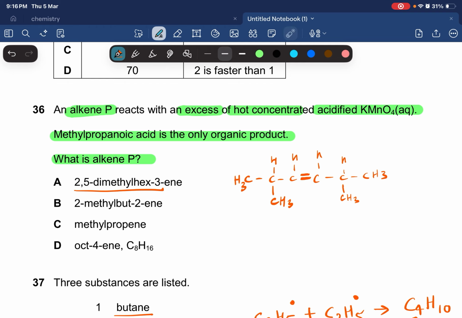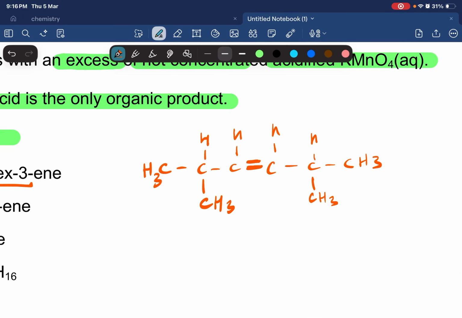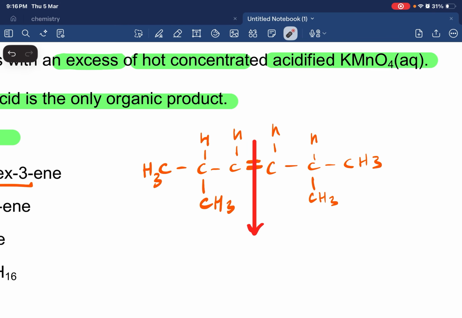Now, when I add acidified KMnO4, what's going to happen? The alkene is going to break, right? So, next step, break it from the middle, something like this. What am I going to form? On this side, this carbon is attached to 1 hydrogen and 1 alkyl group.